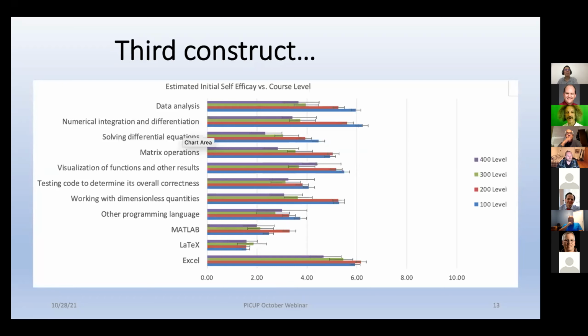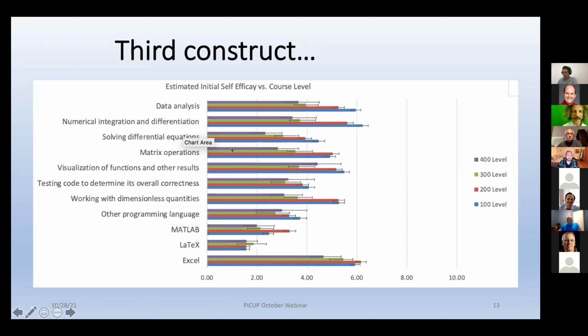And what I want to draw your attention to is sort of the broad categories here. So what we're asking them here is to estimate their initial self-efficacy versus course level. And again, the purple bars are all the 400, green is 3, red is 200, 100 level is a 1.